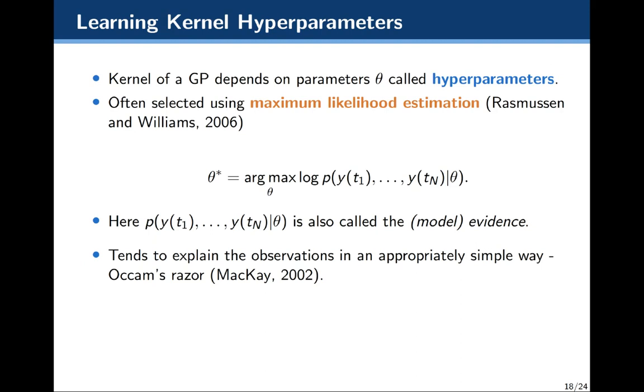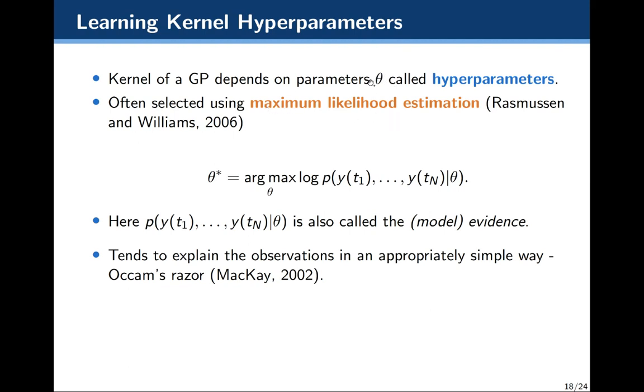So, a Gaussian process is called a non-parametric model, and we shouldn't be confused by the fact that there are these parameters, which we call hyperparameters, these parameters of the kernel. We're not going to get into why it's called non-parametric when there actually are parameters. That's a long discussion, but basically this is the way the terminology works.